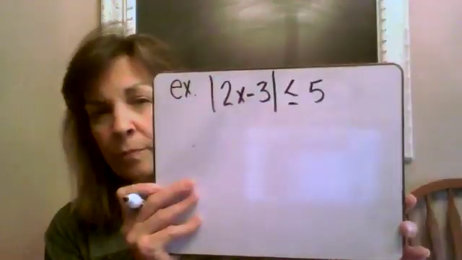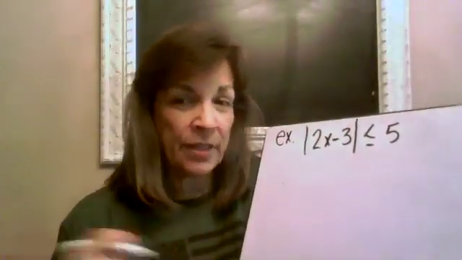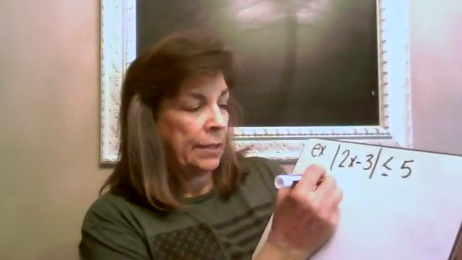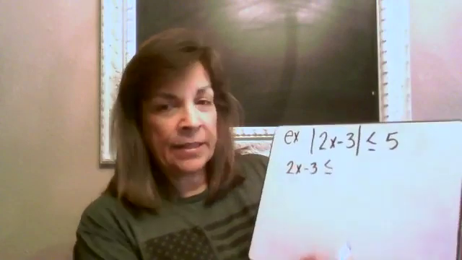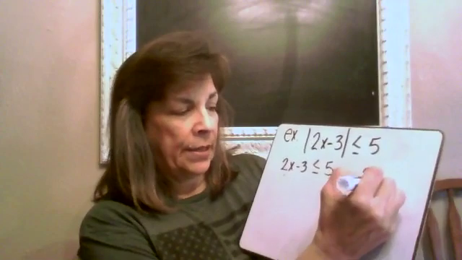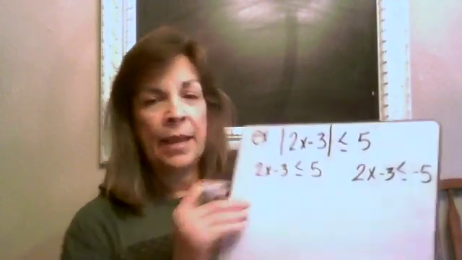So I'm going to do an example for you, and it is the absolute value of 2x minus 3 is less than or equal to 5. And so what we do is we solve it just like what we said with the positive and the negative answer. So you're going to take 2x minus 3 is less than or equal to positive 5. 2x minus 3 is less than or equal to negative 5.